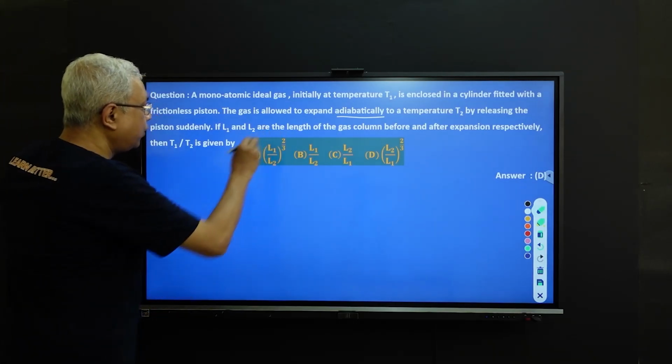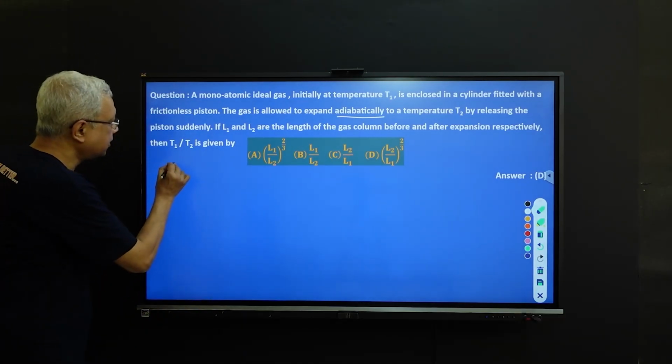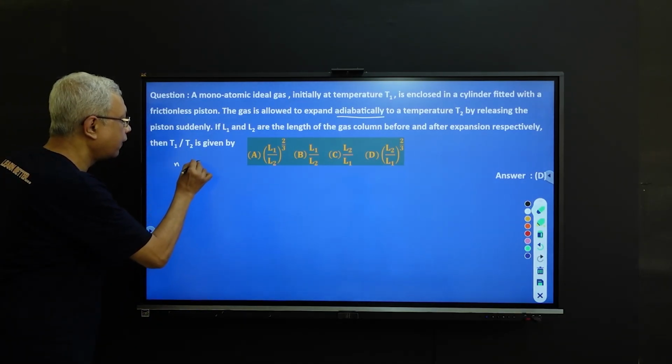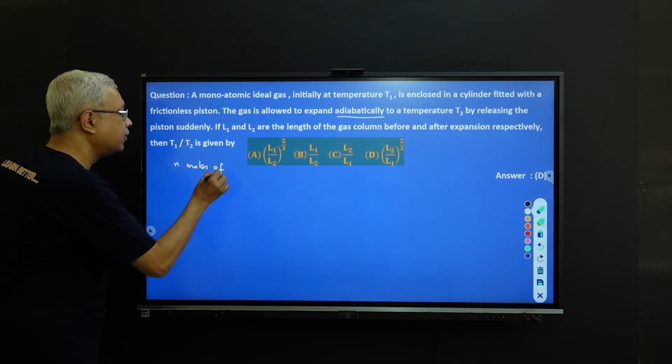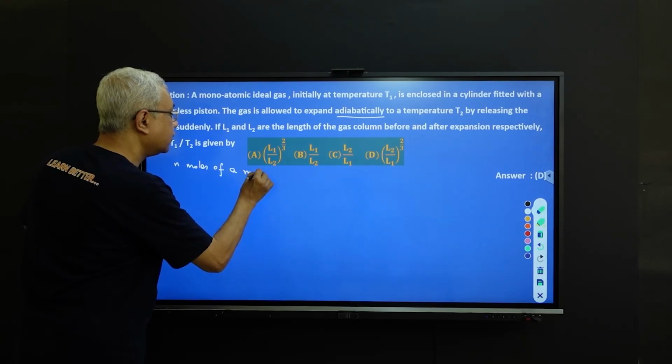So before we proceed, let us do a little background work. Consider n moles of a monoatomic ideal gas.